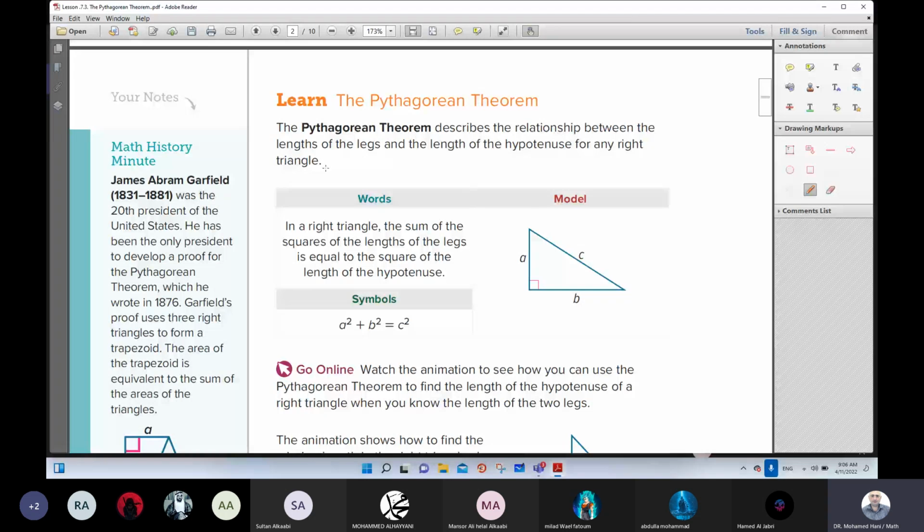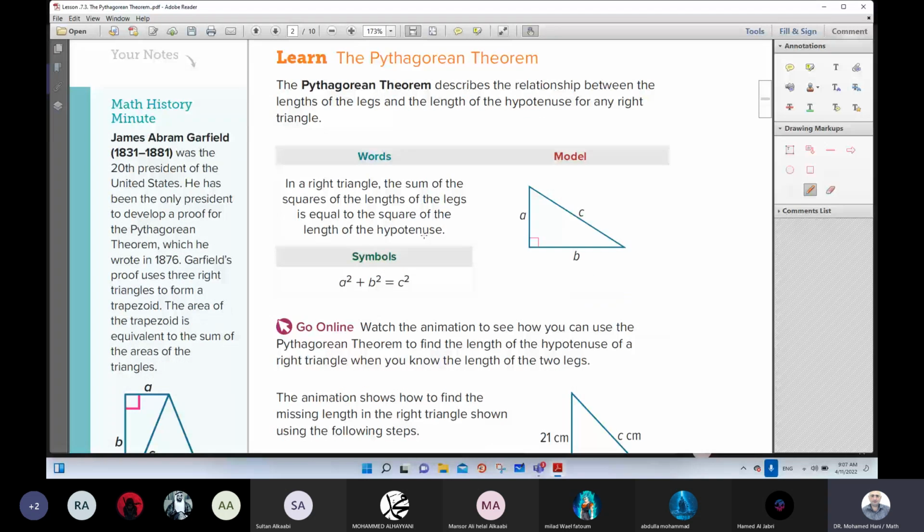If you take this side and square it, then take this side and square it, so b squared, then find the sum between them, you will get the square of the third side.